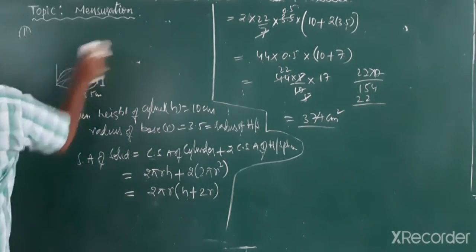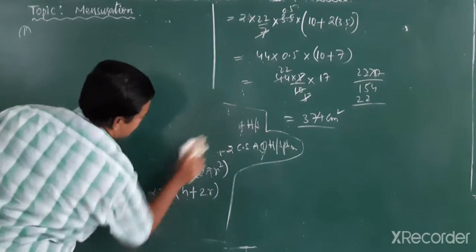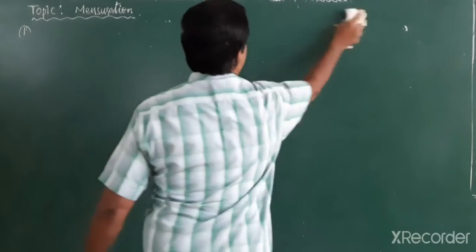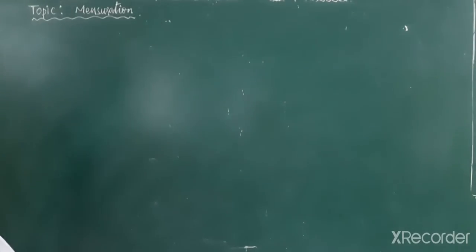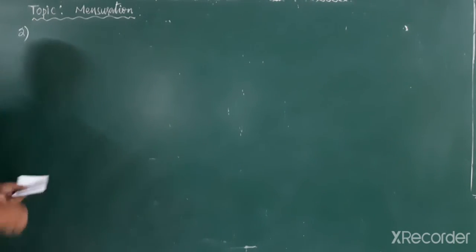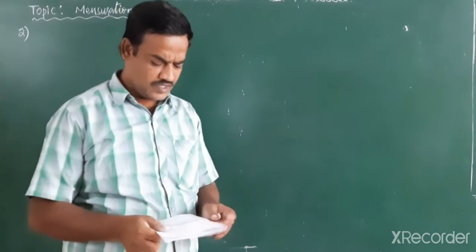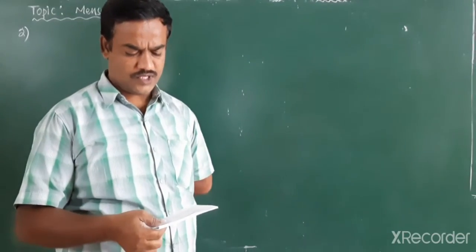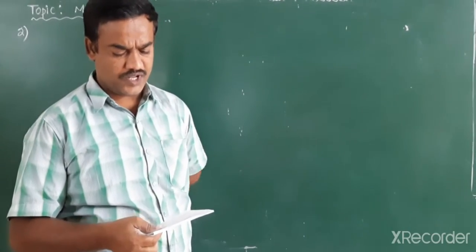Now for the second question. The question is: a tent is in the shape of a cylinder surmounted by a conical top.